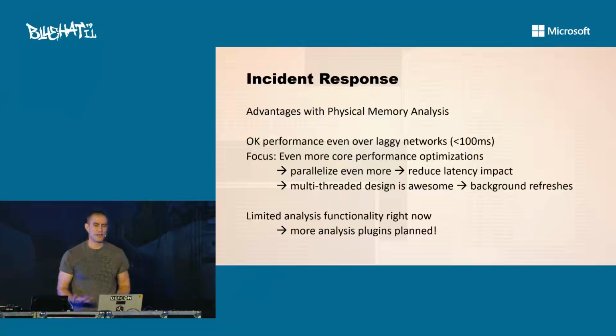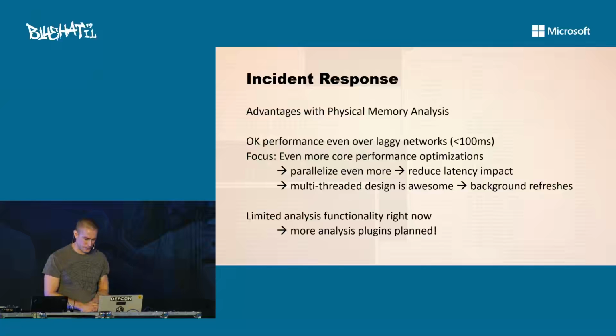The focus for me in the near future is to add even more core performance optimizations, which would allow me to parallelize remote reads even more in order to reduce latency impacts. Having a multi-threaded design is also super awesome, since it allows me to do things like background process refreshes, so the user never notices those things. The analysis capability is a little bit limited at the moment, but I do plan to add more analysis plugins in the future.